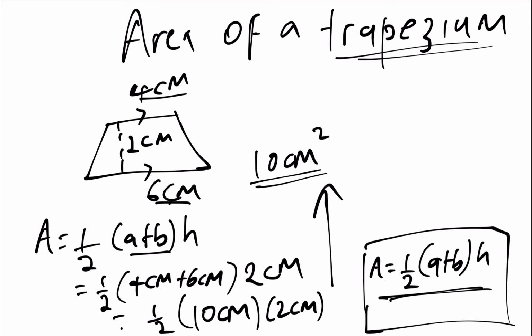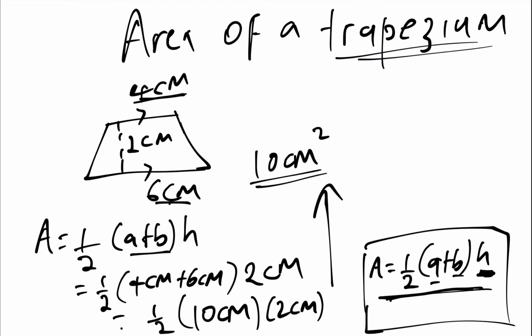Actually, I don't have to do many examples. I feel like this one is already enough. Our formula here is half, then a plus b, times the perpendicular height. The a we chose to be 4, and b to be 6, because a and b are the parallel lines.